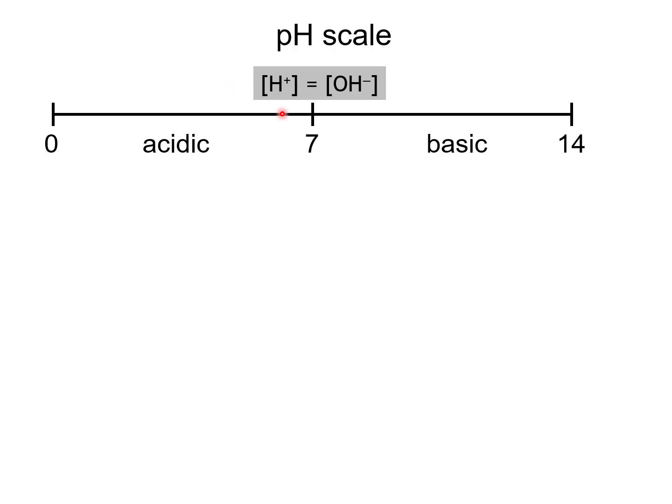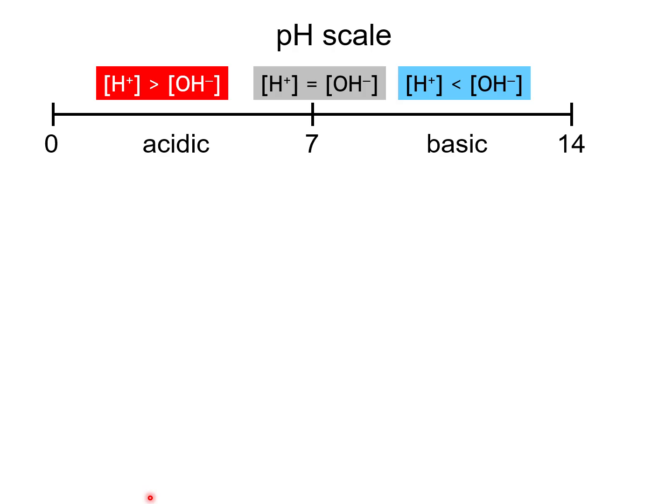Remember, those square brackets mean molar concentration, so moles per liter. So when it's neutral, the hydrogen ion concentration is exactly equal to the hydroxide ion concentration. If you have an acid, now the hydrogen ion concentration is present in a greater amount. And if you have a base, the hydroxide concentration is present in the greater amount.